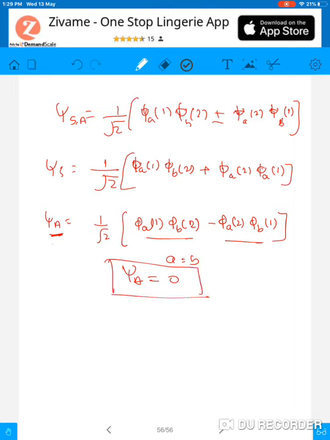So Pauli stated that for any two fermions we need to choose different eigenstates.